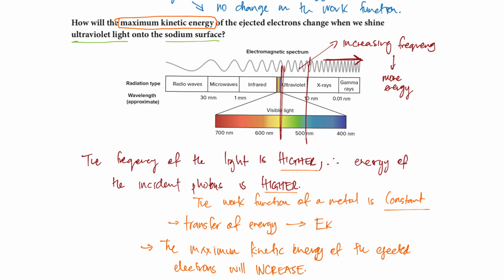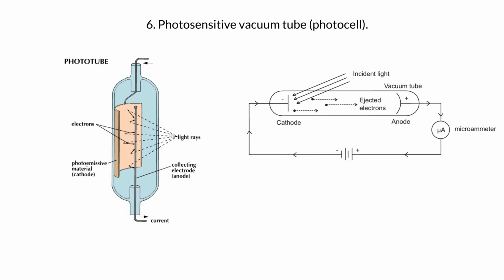And let's go to the sixth subtopic. Subtopic 6 is about a photosensitive vacuum tube, or something we call a photocell. So how do we see the photoelectric effect? We use a photosensitive vacuum tube or phototube, and we use that experimentally.